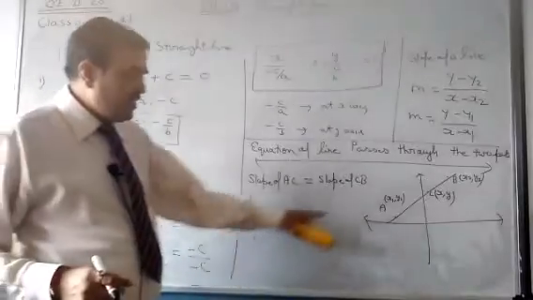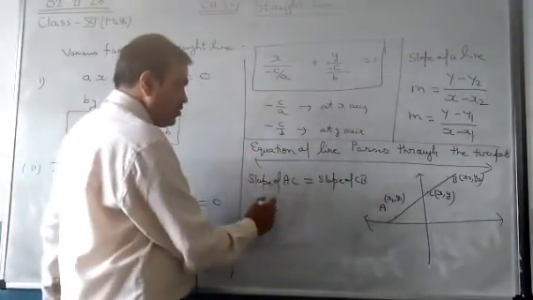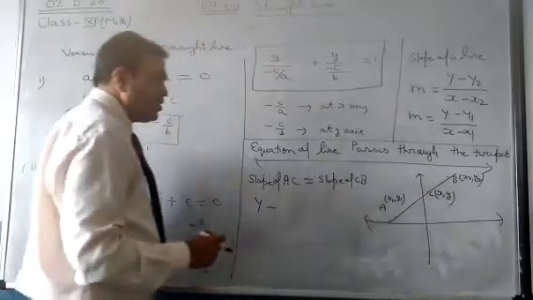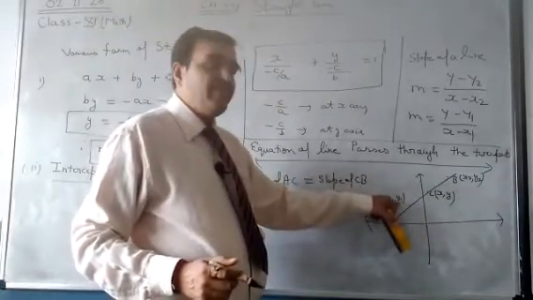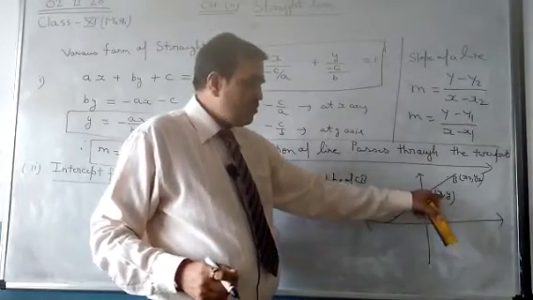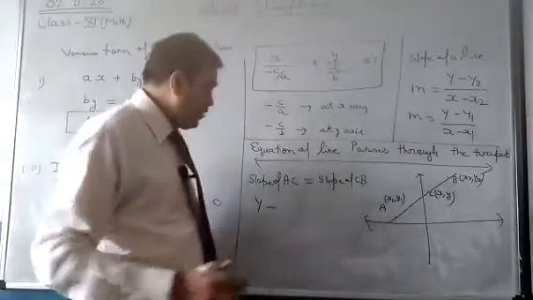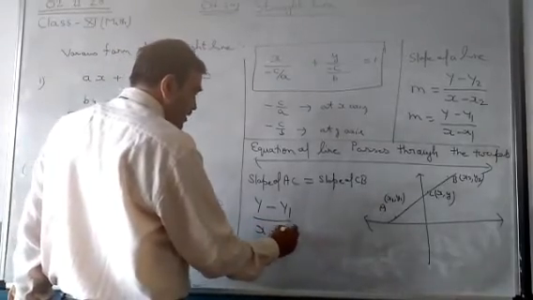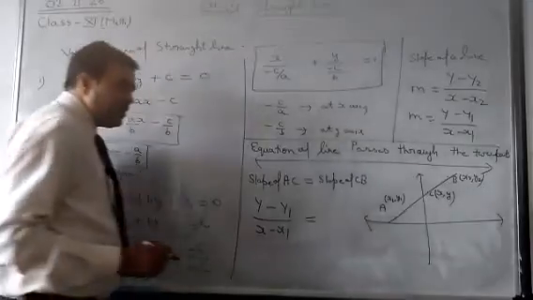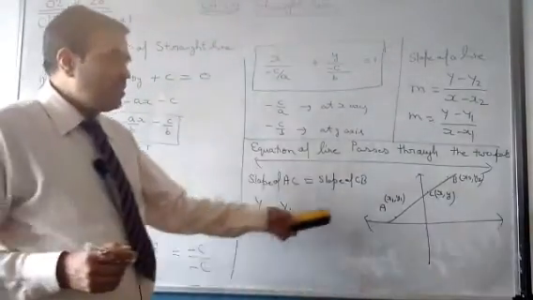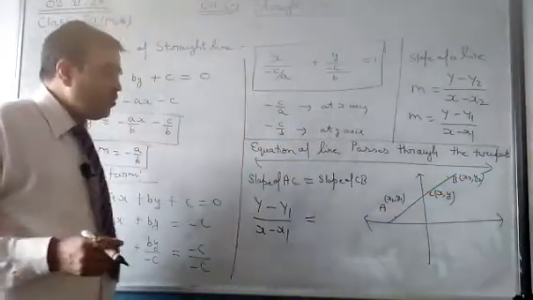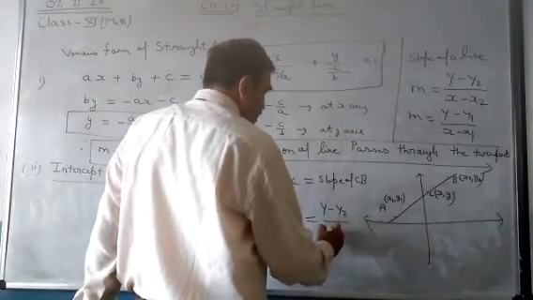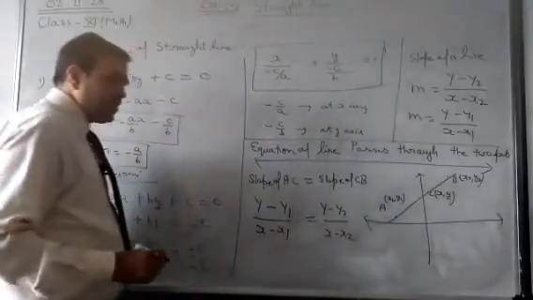Clear? So slope of AC is equal to y minus y1 upon x minus x1, taking one point as x1, y1 and the other as x2, y2. And the slope of BC will be y minus y2 upon x minus x2.